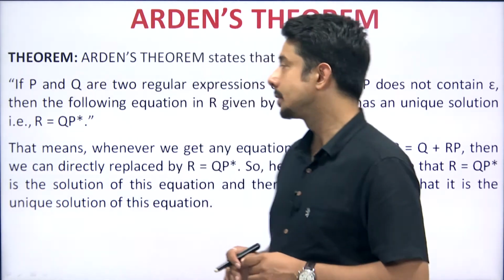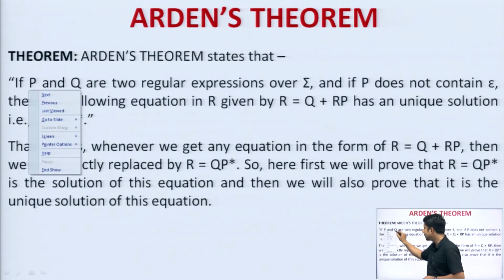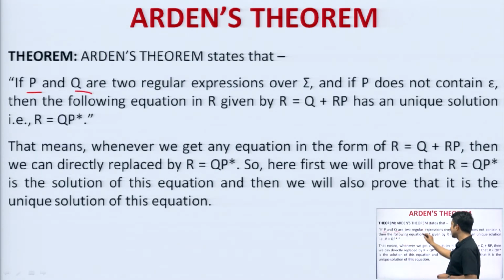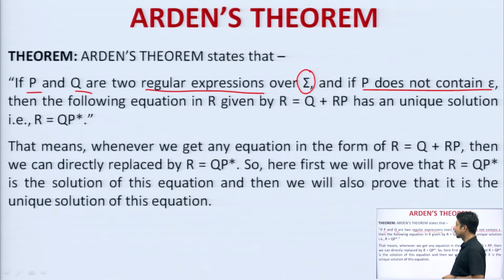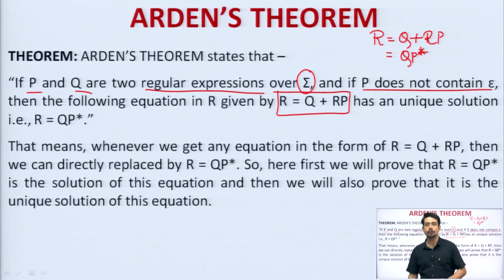ARDEN'S theorem says that if P and Q are two regular expressions over any input alphabet, and if P does not contain epsilon, then the following equation, R is equals to Q plus R P, has a unique solution, and this Q plus R P can be replaced by Q P star. So, this also falls in some of the basic identities of regular expression.